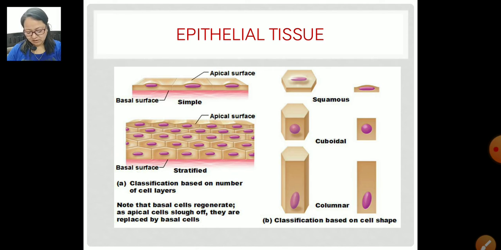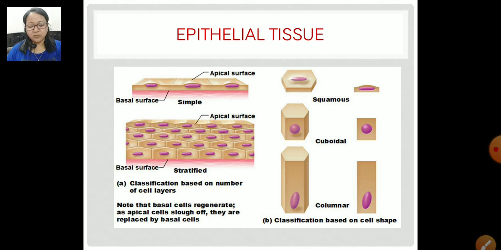It makes a covering in the animal body, and by their specific location they work in the exchange of gases in alveoli and the exchange of substances in blood vessels. The columnar epithelium in the intestine works in secretion and absorption of nutrients. Ciliated epithelium helps to push forward substances like mucus. All this work is performed by the epithelial tissue.